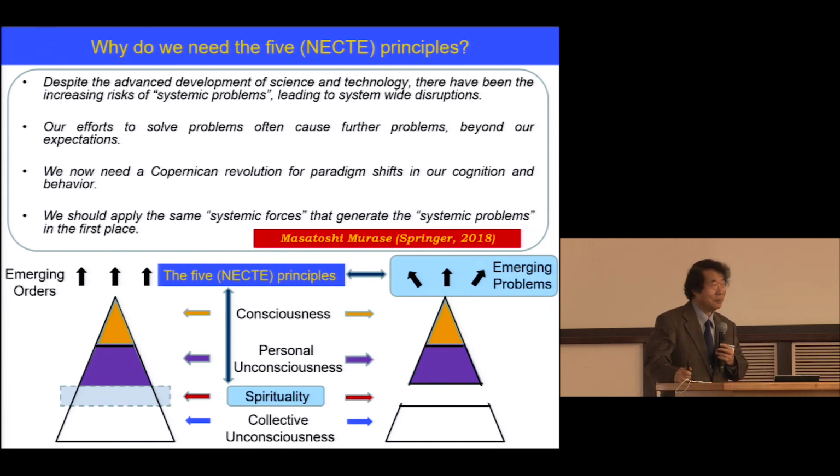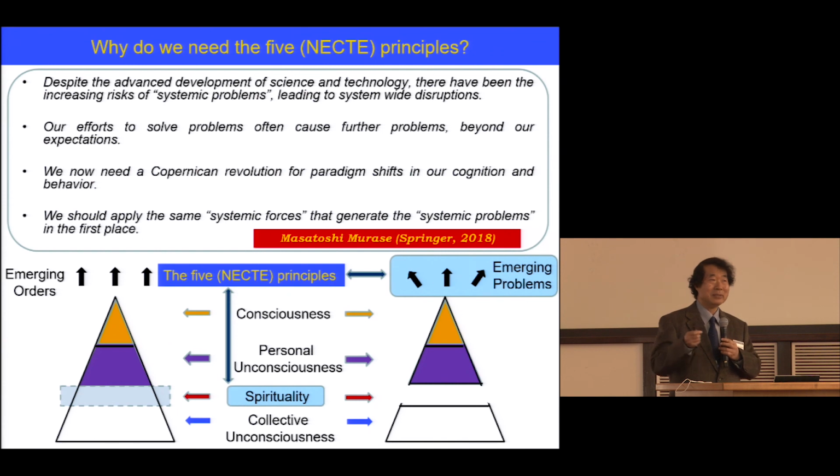My message is as follows. Despite intensive development of science and technology, we have not yet solved emerging problems at all. Ironically, even though we are trying to solve emerging problems, such attitudes cause other problems forever.